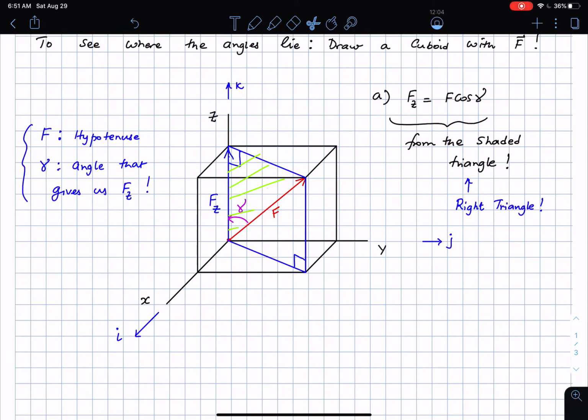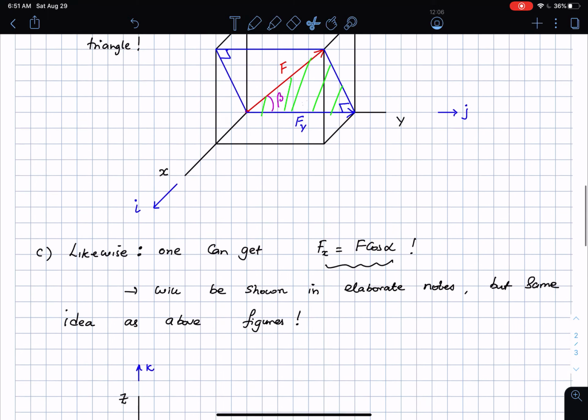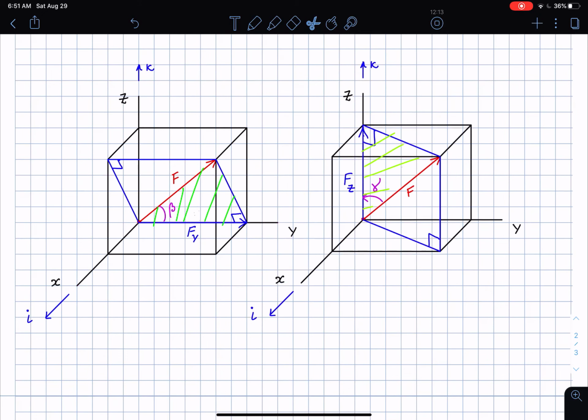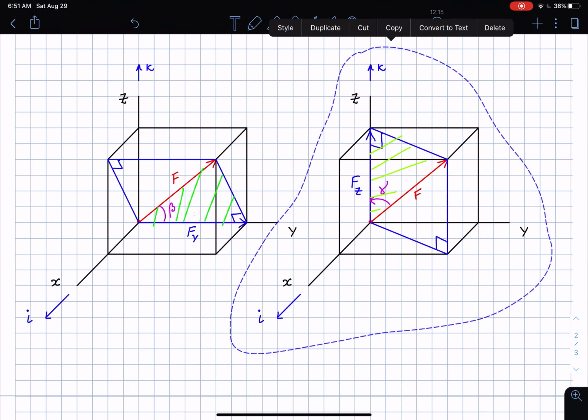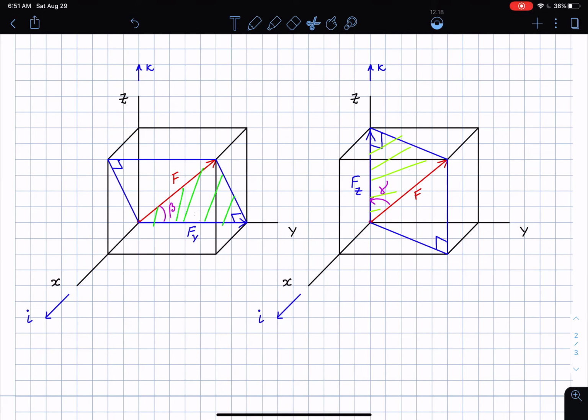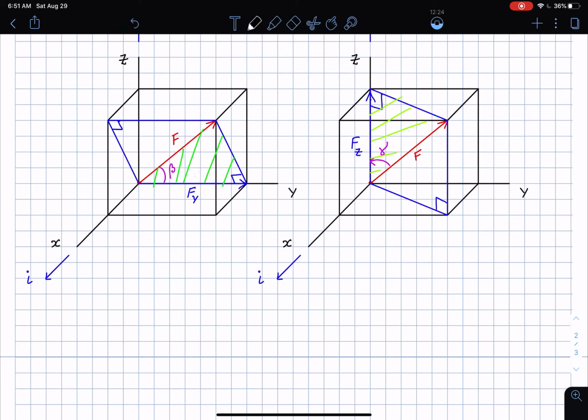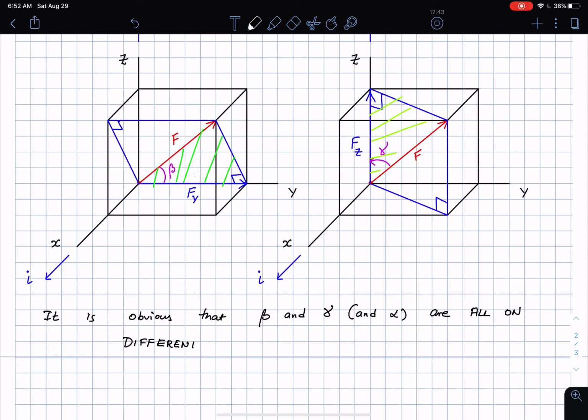Okay, if I copy that and if I paste that right next to it here, you can see that the angle beta and gamma are on different planes. Okay, and likewise the angle alpha. Okay, so it is obvious that beta and gamma and alpha are all on different planes.